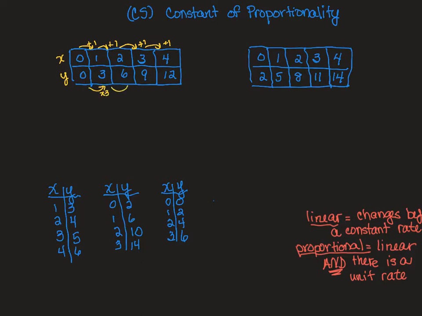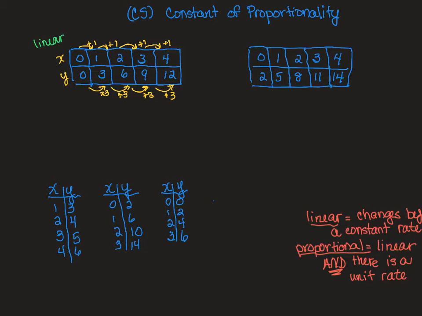Plus 3, plus 3, plus 3, and plus 3. So this is linear. This is a linear relationship. If I put it on a graph, it would be a line.